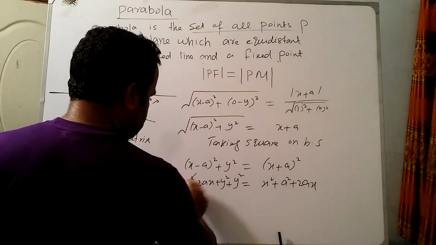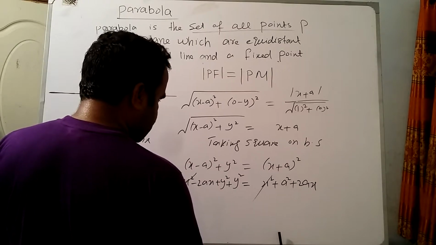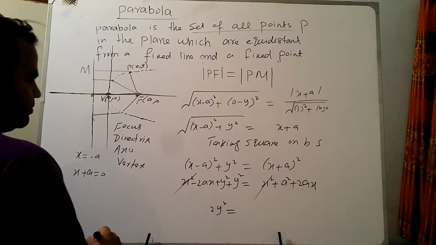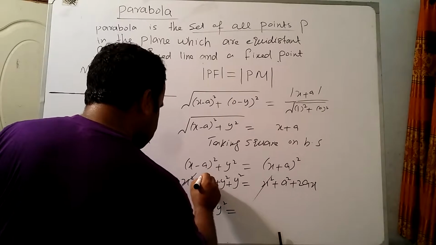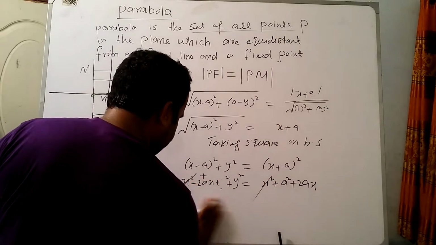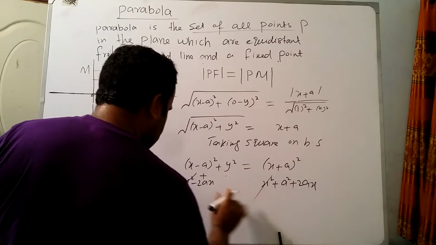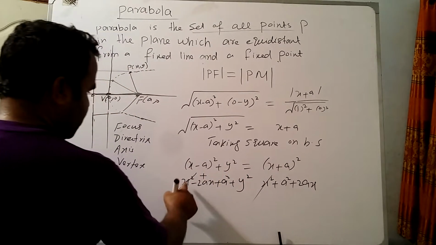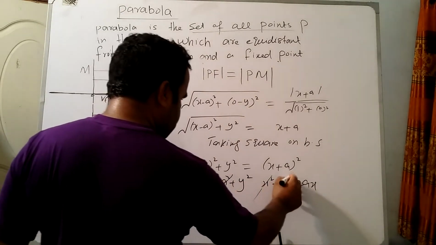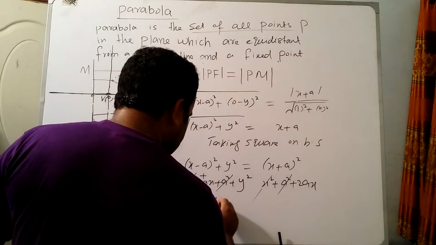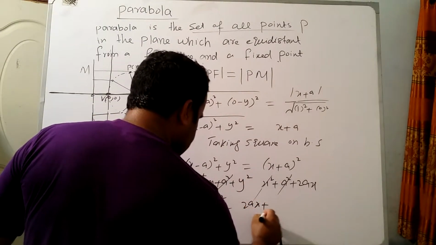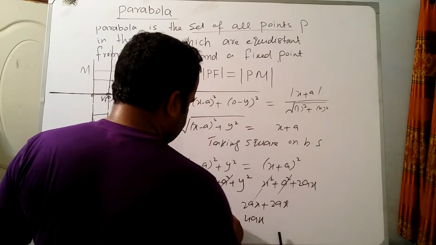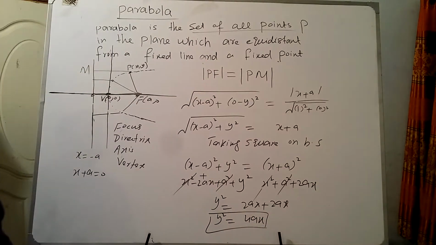So x squared cancels with x squared, a squared cancels with a squared, and y squared equals 2ax plus 2ax, which is 4ax.